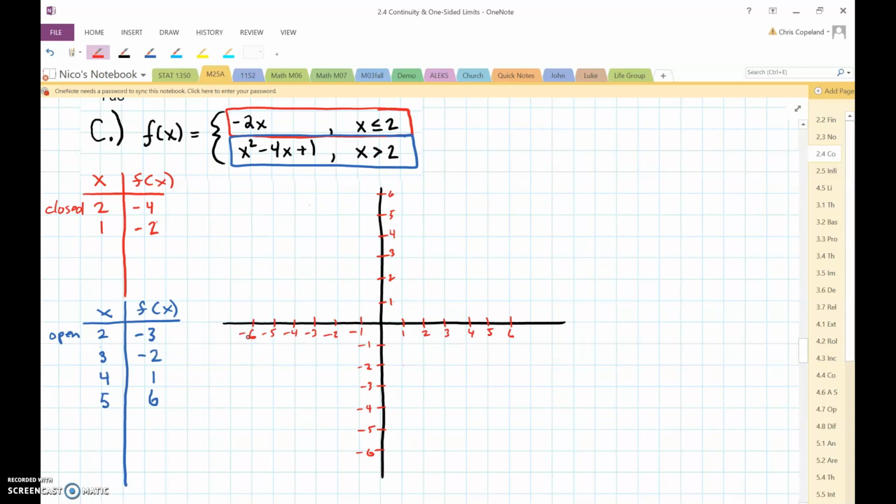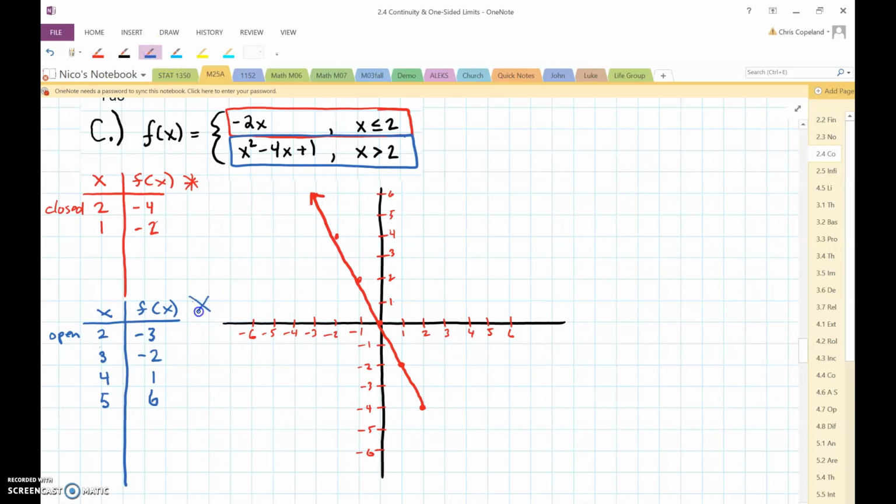Okay, so first of all, let's graph this part of the piecewise function. It's a linear one, so we got a 2, negative 4, and I've got a 1, negative 2. So the graph is going to continue this way. Okay.